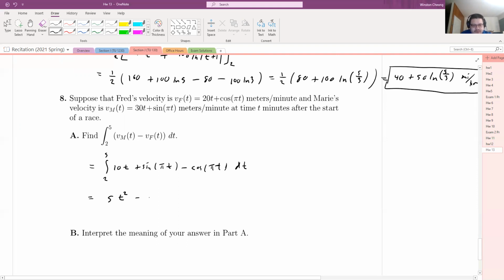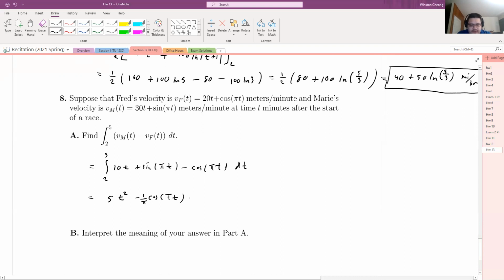So sine, the integral is going to be cosine, and you would think that it's going to be cosine of pi t, and then you just adjust it from here. Thinking about the derivative of this guy, the sine pi t is going to show up. That's fine. But the chain rule is going to say that pi is going to pop out, and we need to cancel that pi that pops out. Well, how do we do that? We divide by pi. Okay, so now the pi that comes from chain rule gets canceled away. And so the derivative of this is going to be that. And so everything is good.